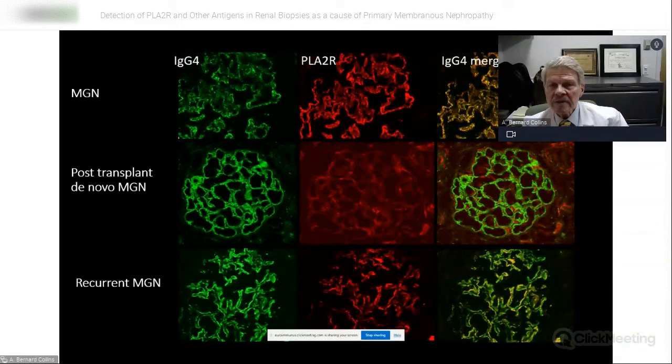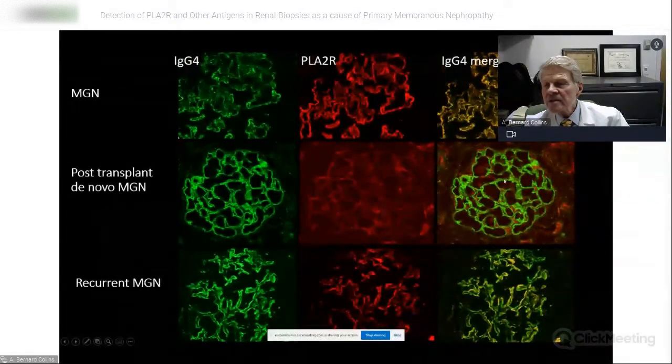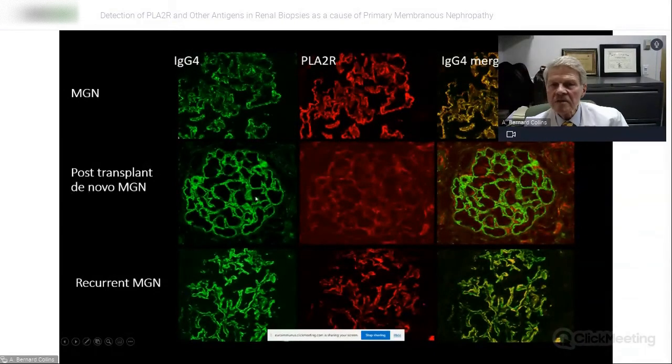In contrast is a post-transplant de novo membranous case. And what do you see? You see very bright granular staining in the GBM, but the staining for PLA2R is not in the GBM. It's more on the podocyte, as you can see here. When you co-localize, you have Christmas colors here, green in the GBM and red on the podocyte, showing that there's no co-localization in this patient with de novo membranous post-transplant.